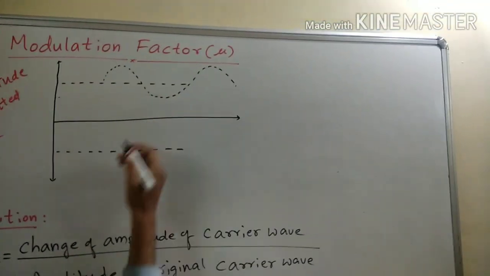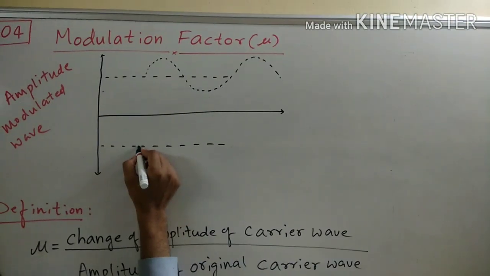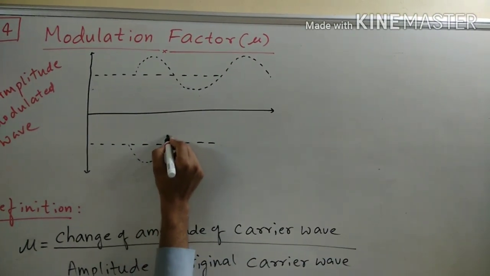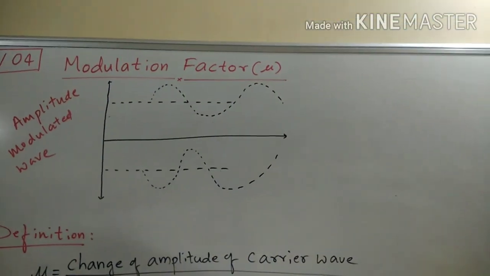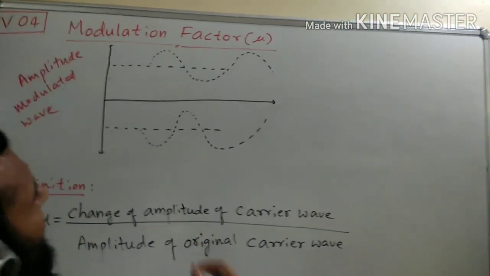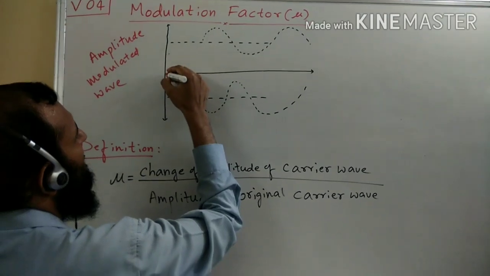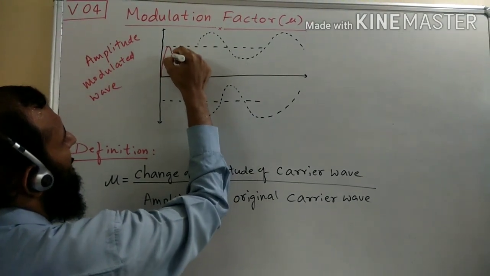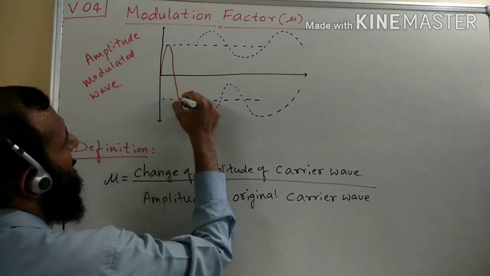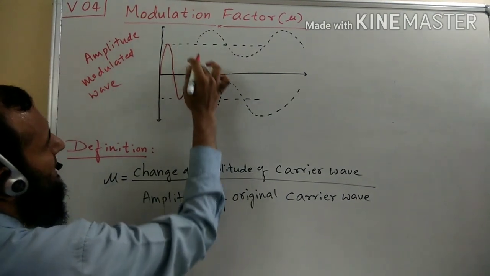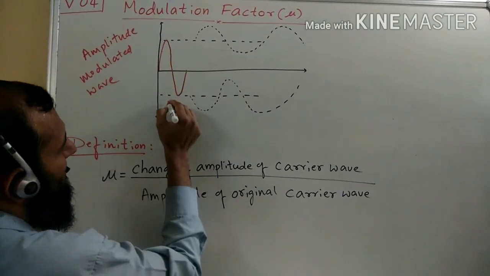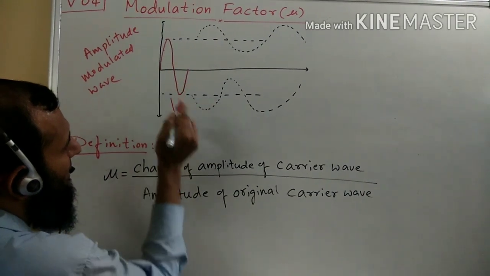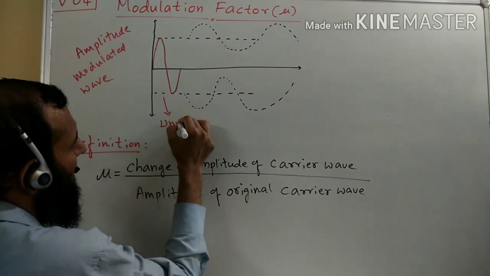And we have to mirror it this side. So this is the message signal, and in this we have the amplitude modulated wave. In this part there is no modulation. This is the unmodulated carrier wave. So from here to here, this is the unmodulated carrier wave.